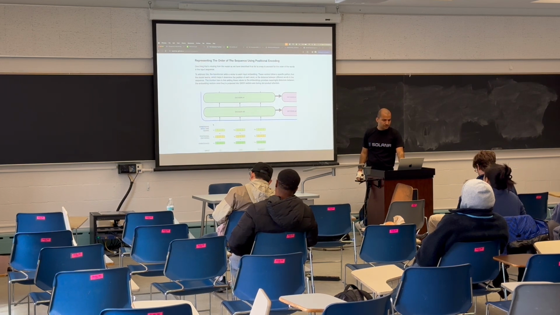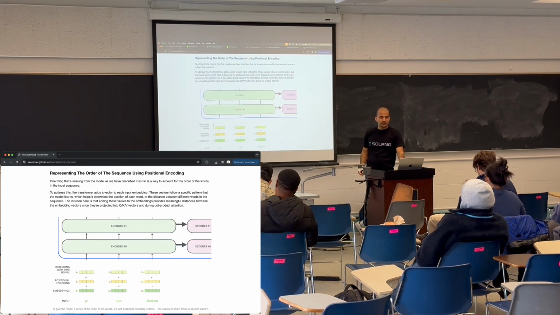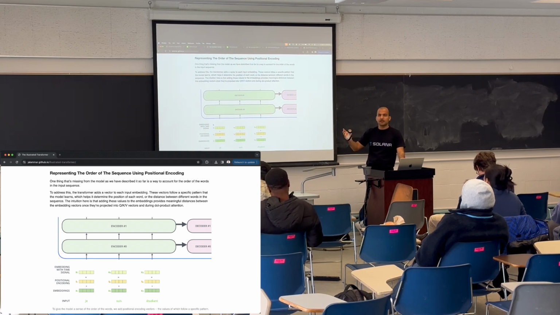So now we'll talk about positional encoding. Right now, there was no positional order. You could take a permutation of the inputs and you would get the same outputs, just at different positions. But we know that in natural language, there is meaning in order. We want to know that this came before this.